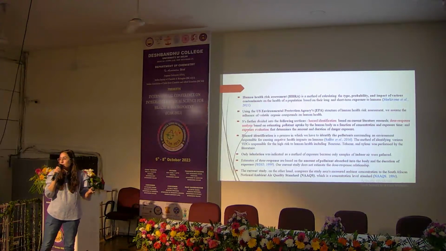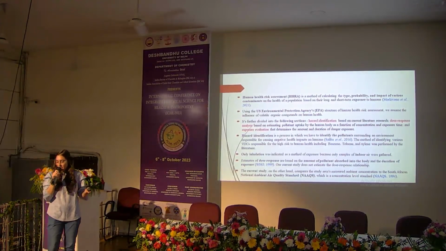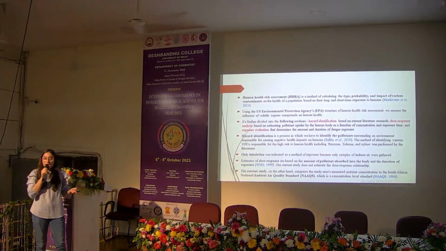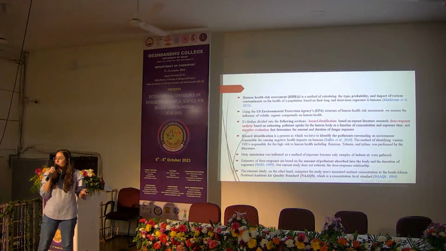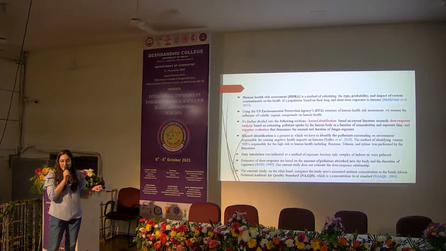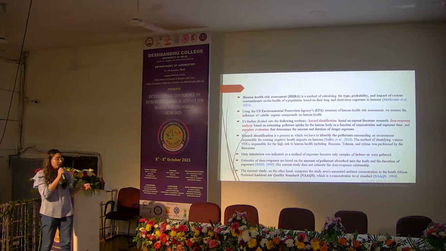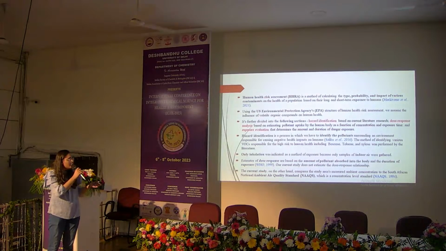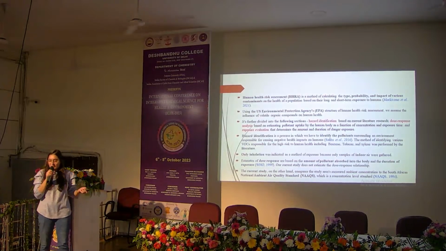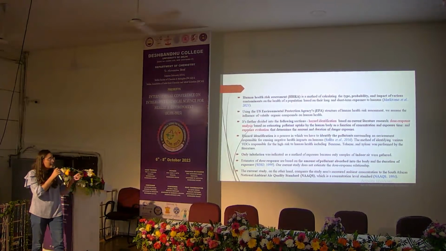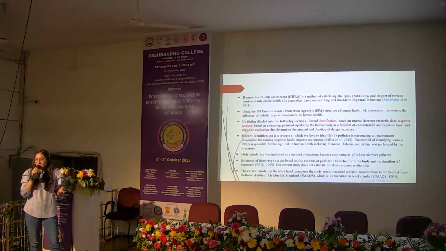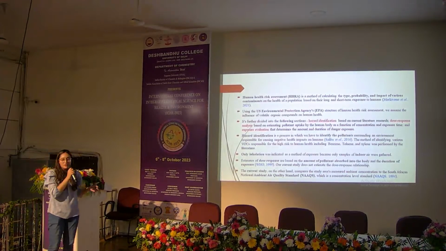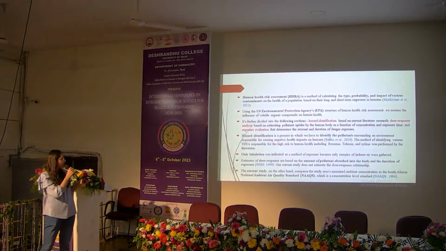Here we use the human health risk assessment method to analyze the risk posed by these contaminants to human health. The guidelines laid out by the United States Environmental Protection Agency have been taken into account and used for our assessment. These are further divided into sections: hazard identification, dose response, and exposure evaluation. We have taken hazard identification from the data in the literature, and dose response is not included in this study.